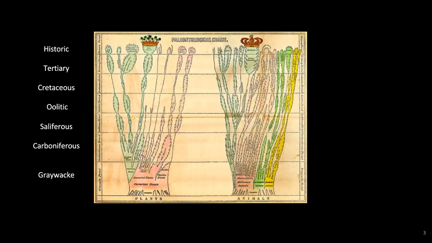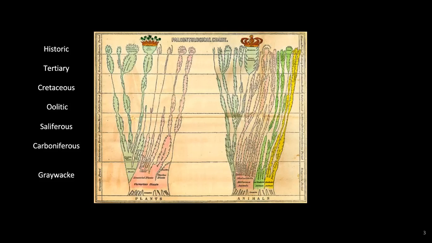At the base of the diagram of the plants are two groups. The lowest, the flowerless plants, with flowering plants a bit higher. Flowerless plants are further divided into terrestrial and marine, and flowering plants into monocots and dicots.